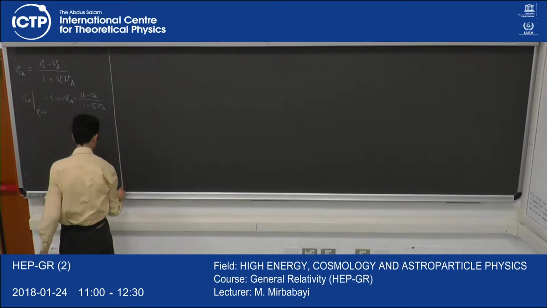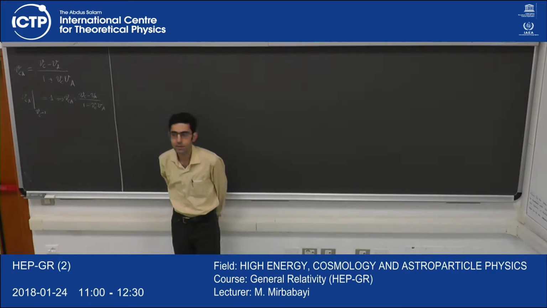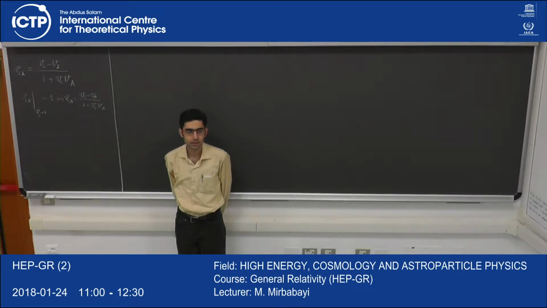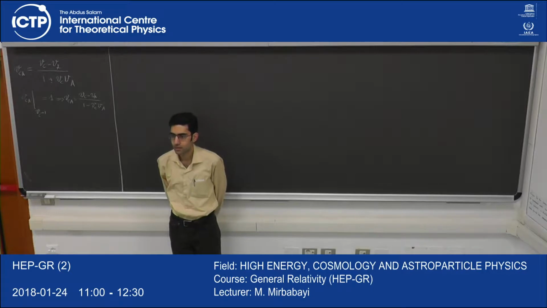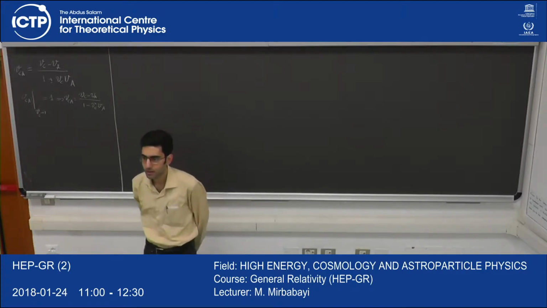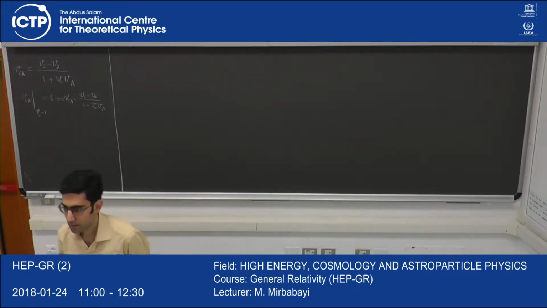Okay. Other questions? In the case that you want to compute the proper time of, say, our line, you try to compute the proper time by parameterizing the trajectory with some parameter.